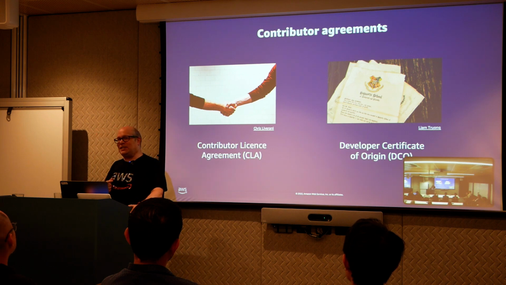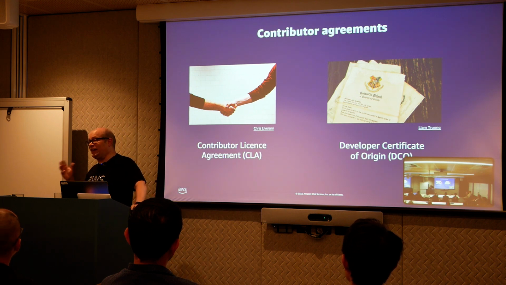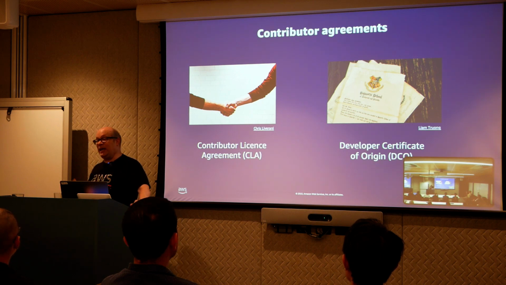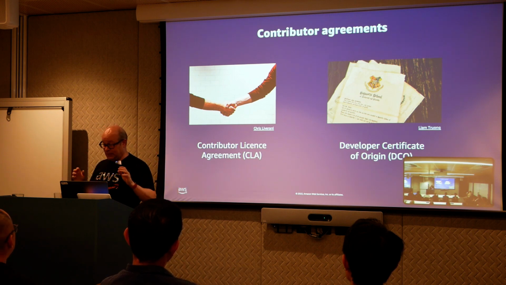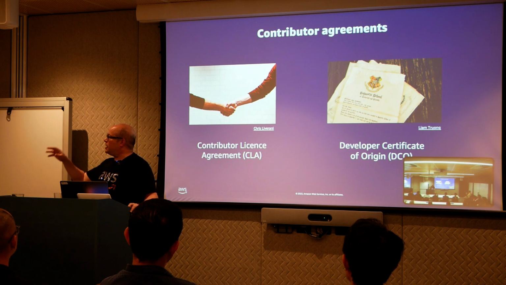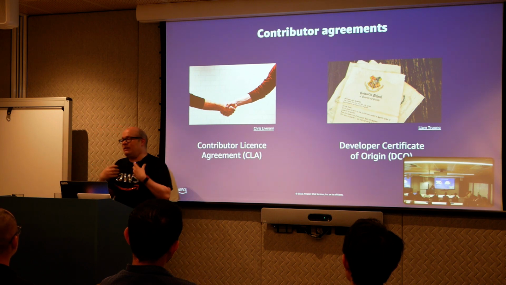But typically it also transfers some of the rights you have onto the project. In a normal project, if everyone here contributed once, you would all own the copyright for your contribution. Let's say this project was mine.